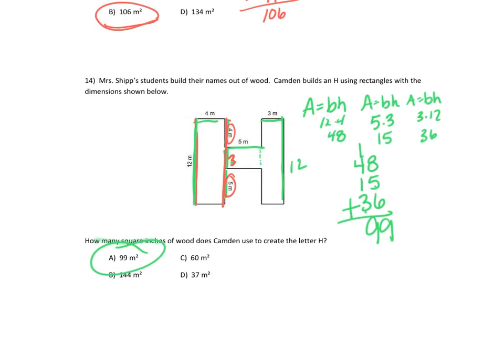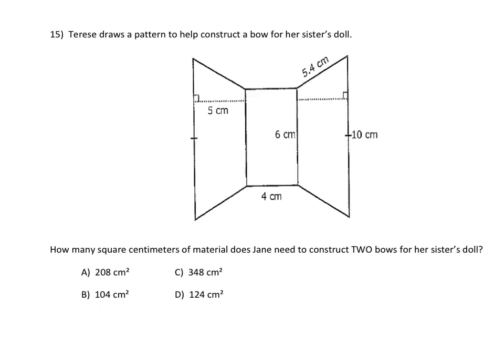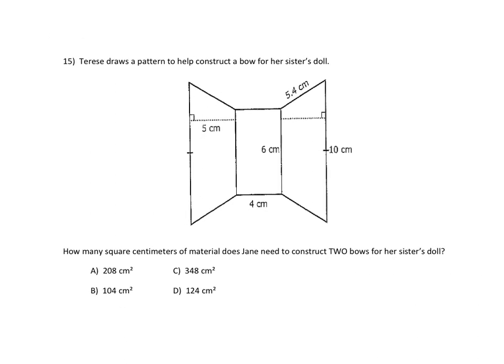Okay. And then number 15. Therese draws a pattern to help construct a bow for her sister's doll. How many square centimeters of material does she need to construct 2 bows? Okay. So we have 2 trapezoids. They are the same. Okay, so once I find one trapezoid, I can just double it.